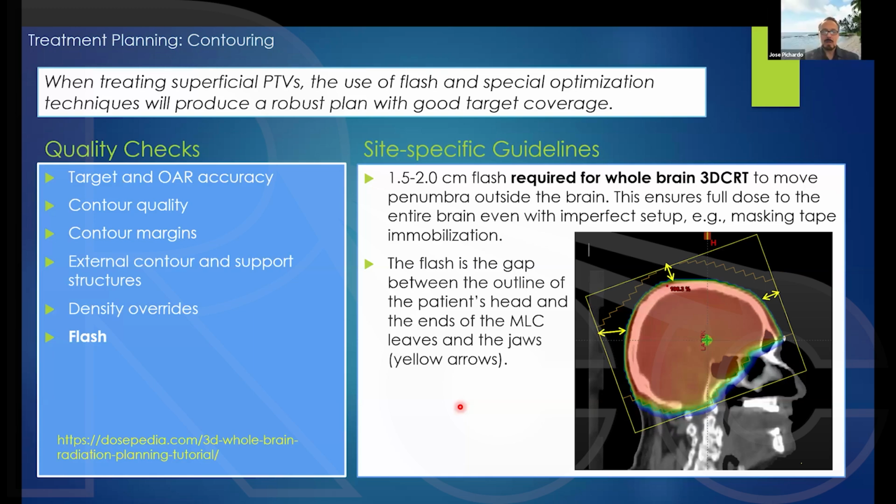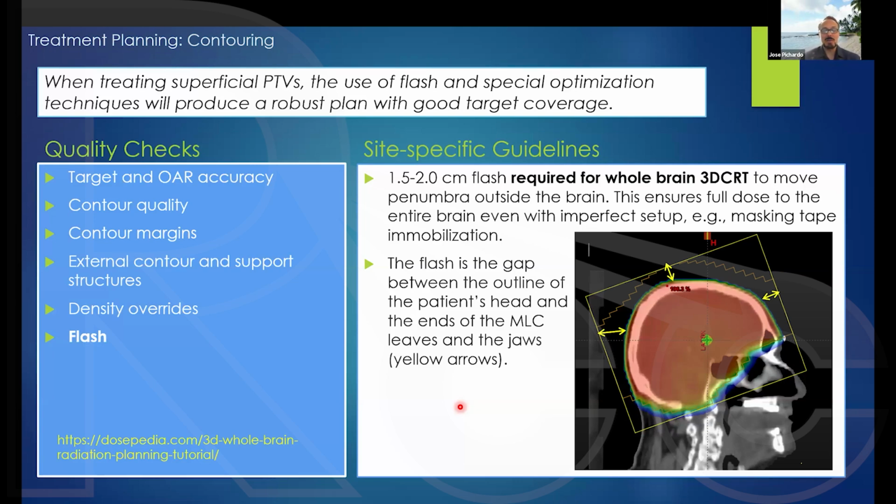Yeah, I actually didn't know until we discussed it in our group that there were cases in which flash was used for whole brain VMAT, because the centers that I worked at didn't use flash for VMAT. So I may not be the best person to answer this question.